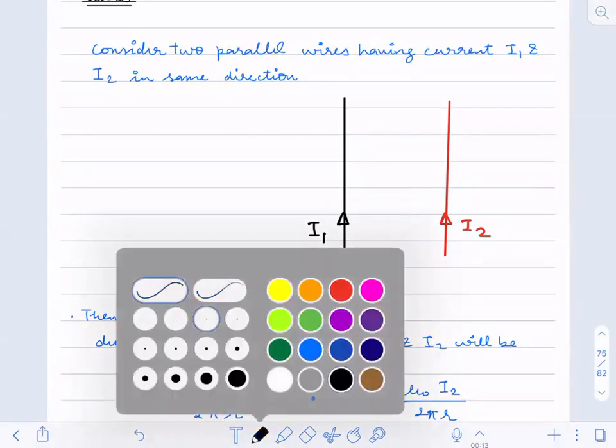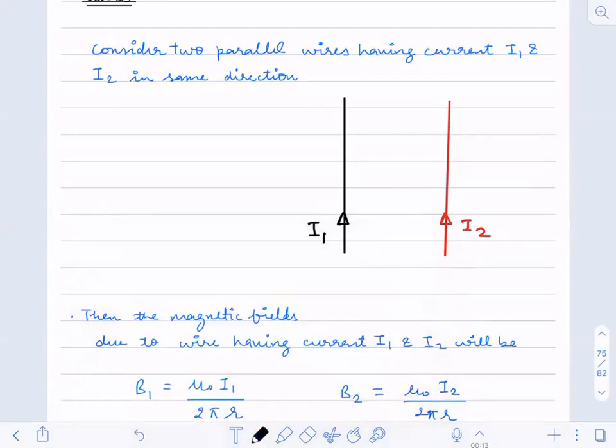So the magnetic field produced by this particular wire, if I consider the one in black color, what will be the direction of the magnetic field at these points? I'm drawing the circles over here.